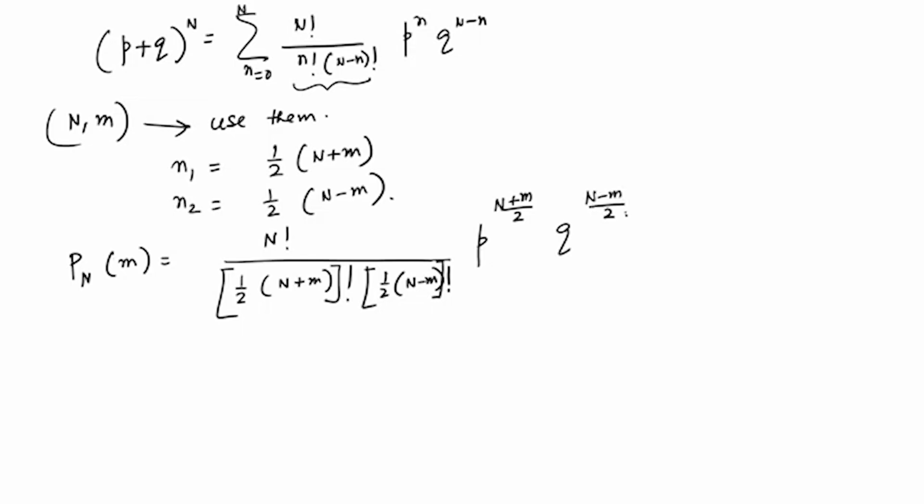Okay. As I said, capital N is a positive definite number, some number which is large, and m could be either positive or negative. So, now we ask the question, what is the average of m? So, what is the average number of steps taken towards the right by the man?